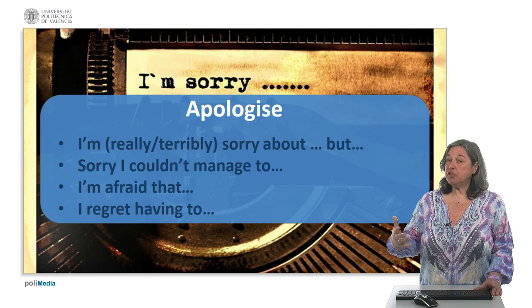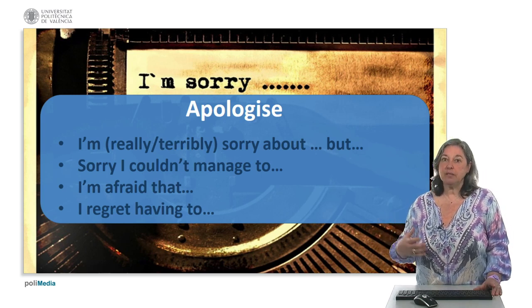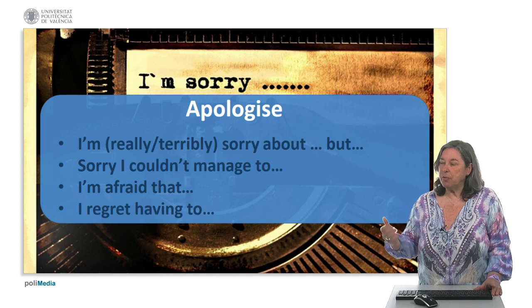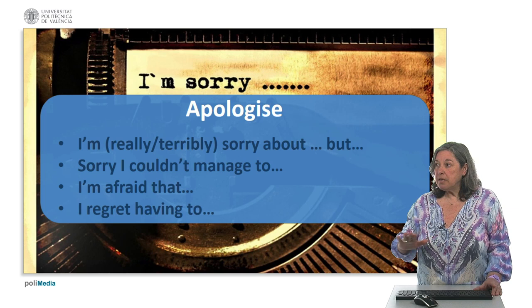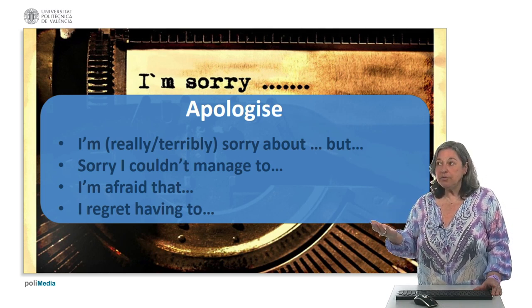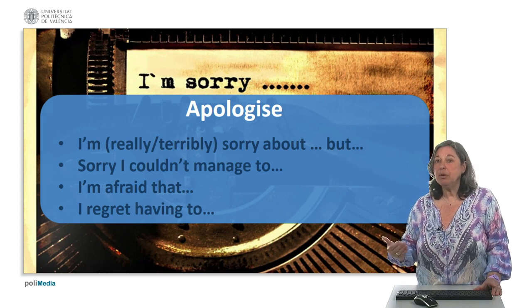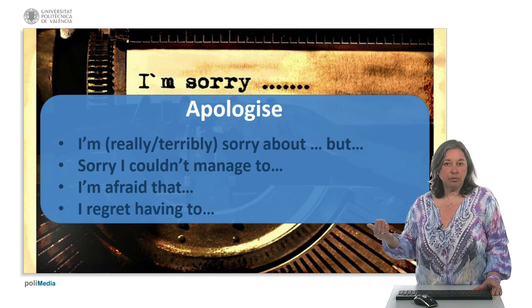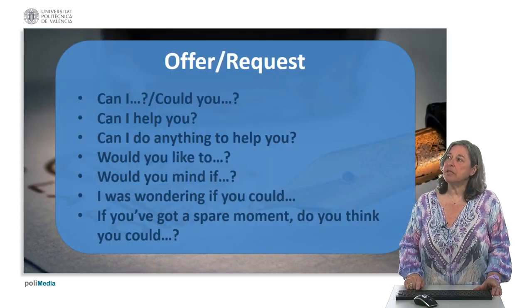Sorry I couldn't manage to, sorry I wasn't able to, okay, something that we haven't done and we want to apologize for that. I'm afraid that, okay, a very subtle way of saying that we're sorry. And also we can say, I regret having to tell you. So bear these expressions in mind.